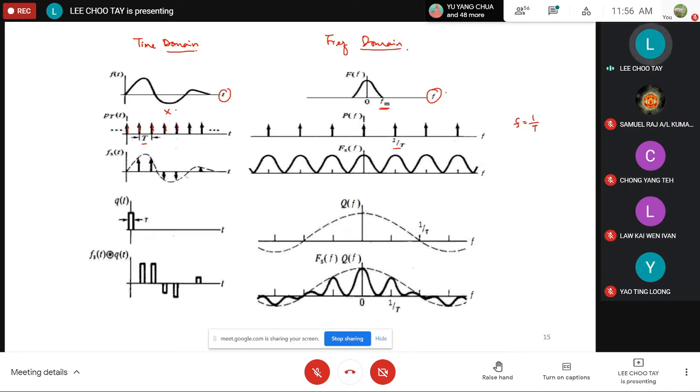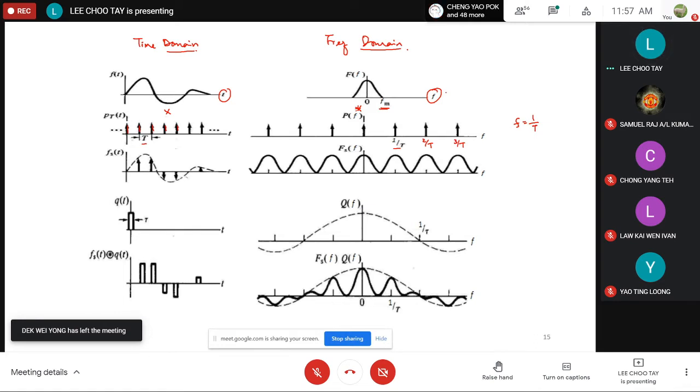Multiplying these two signals in time domain means in frequency domain we convolve them. What that means is this baseband spectrum will be duplicated at every instance of sampling, at every n over T. So this is 1 over T, this is 2 over T, this is 3 over T, and so on.